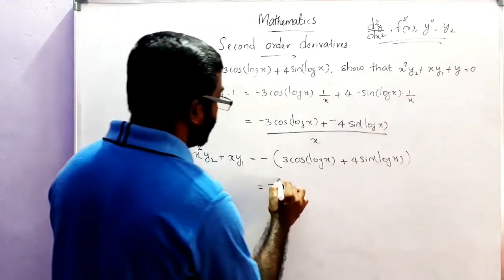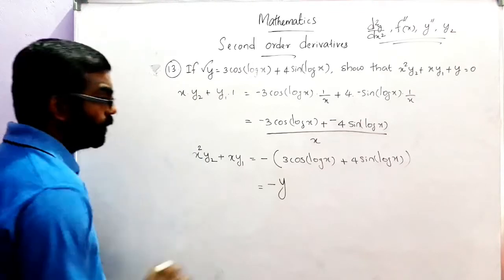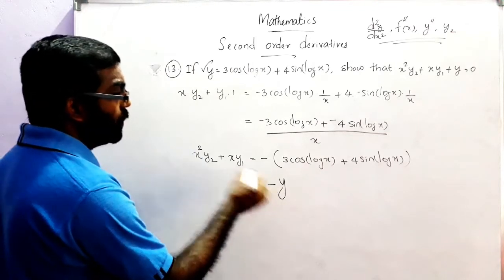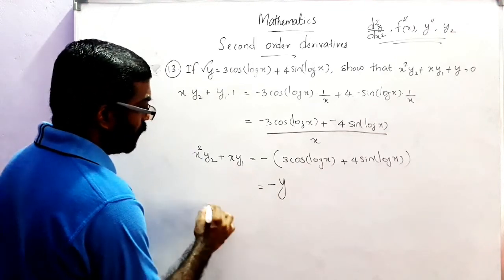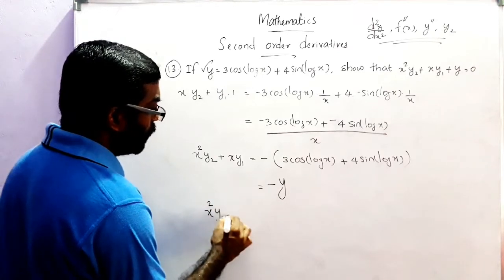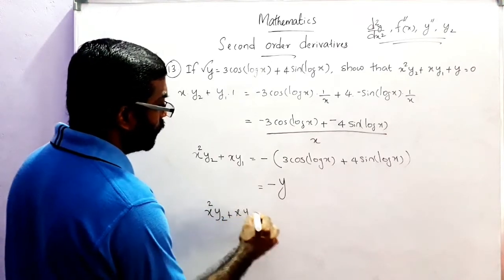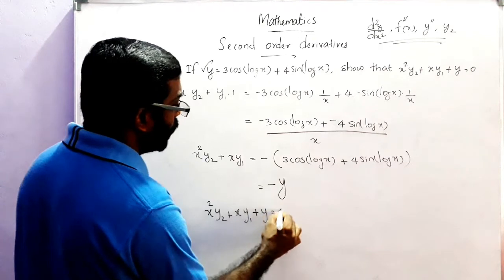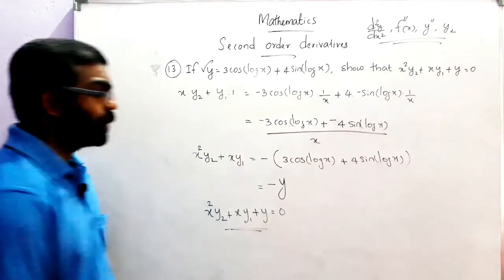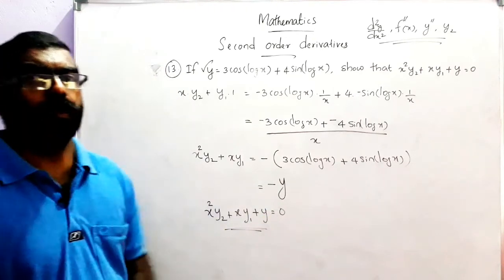So we can replace y and take this minus y to the left side. This becomes x square y2 plus x y1 plus y is equal to 0. That is what we want to prove.